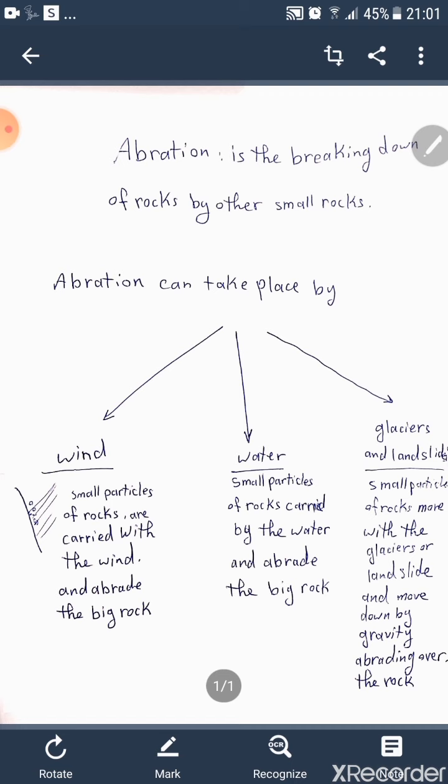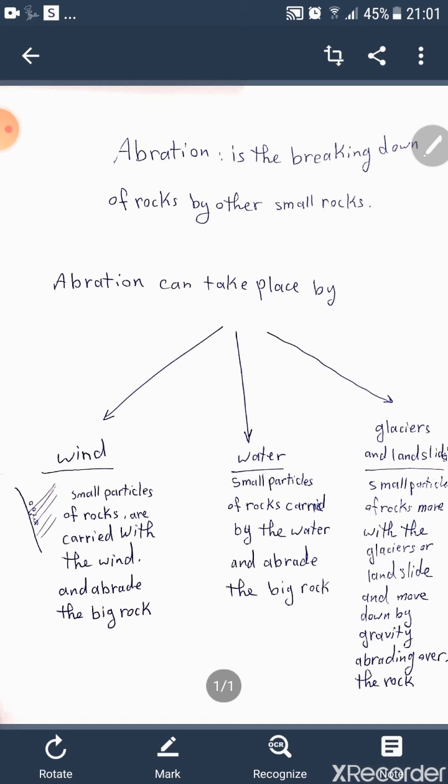Gravity can move glaciers or landslides down. We'll talk about every one. Now, the wind, as you know, after breaking down the rocks to small particles, will move these small particles with it. Then, while the particles are moving with the wind, they can rub other big rocks, like if the wind is moving beside a mountain.